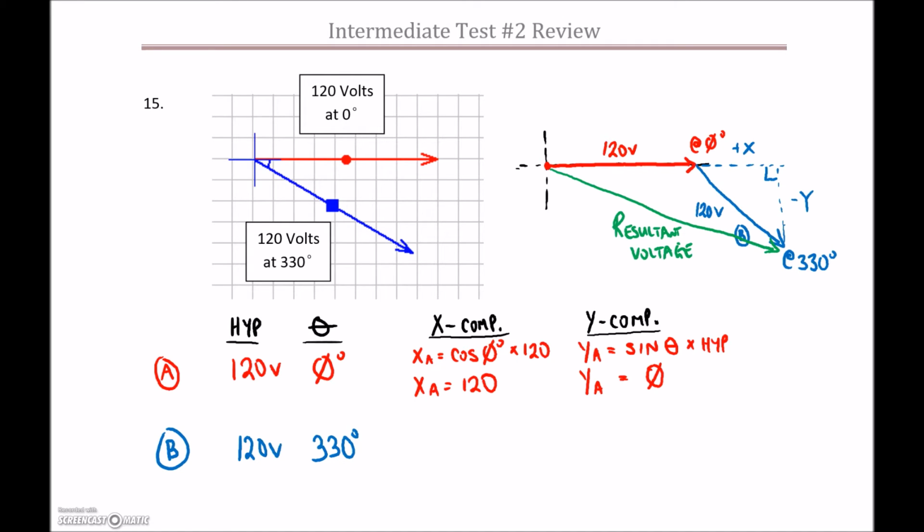So the x component for our second vector is going to be equal to the cos of that angle, so cos of 330 times 120. And the y component for that second vector is going to be the sine of that angle times 120.